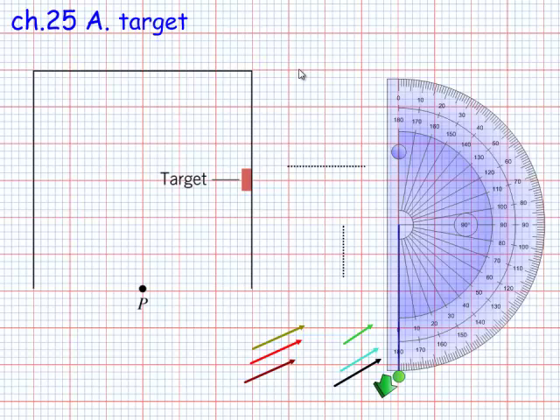This, of course, is a neat exercise to illustrate the most simple law in physics that you can imagine, and that is the law of reflection, which is the angle of incidence equals the angle of reflection, and that holds for all kinds of mirrors.